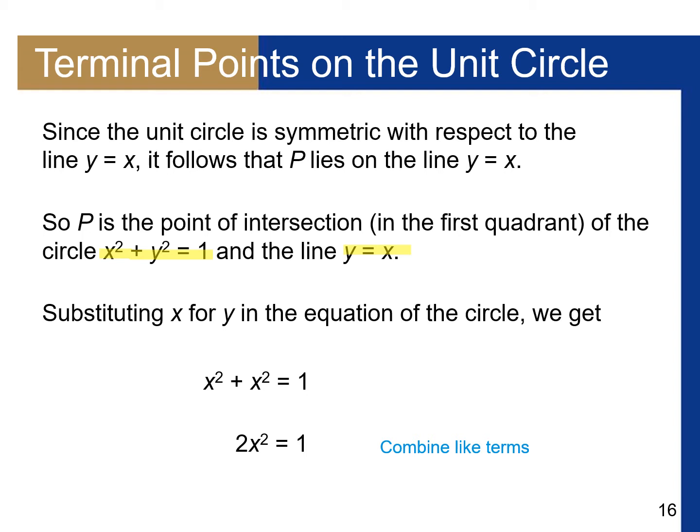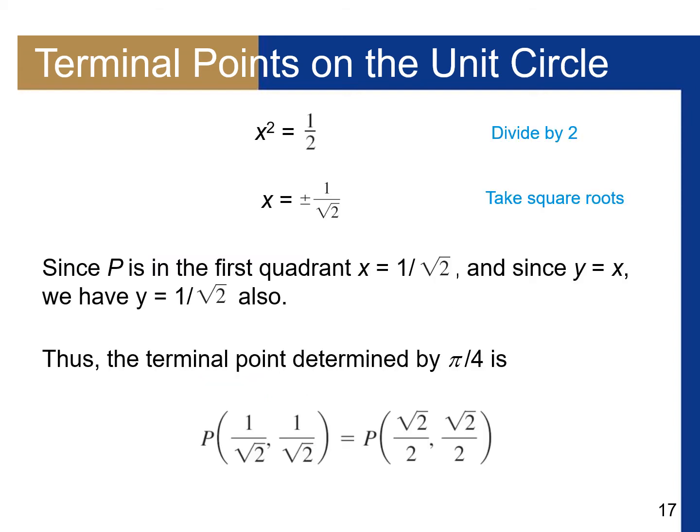If I substitute x for y in the equation, I get x squared plus x squared equals 1. I continue to solve: I get 2x squared equals 1 by combining like terms, then divide by 2 and take the square root of both sides, and that's how I get the square root of 2 over 2.